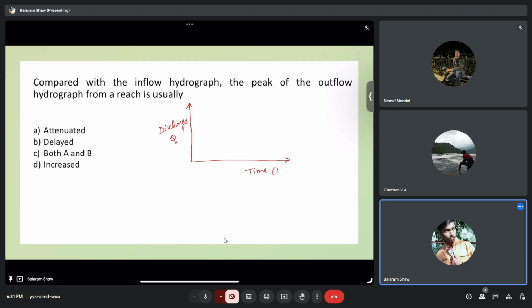So we have the inflow hydrograph and the outflow hydrograph.